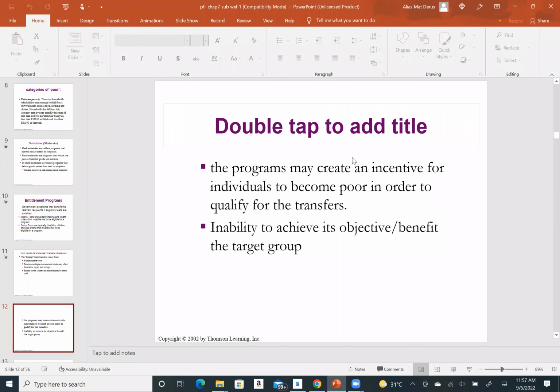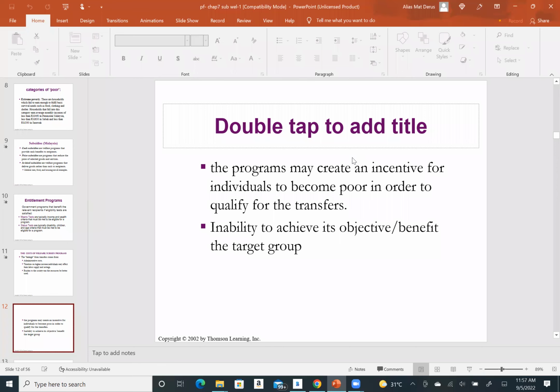To be in that group, okay? In that group, which is eligible for the subsidy in order for you to receive subsidy. So in short, if you just read what is written in the book, certain people has incentive to continue to be poor in order to get the subsidy.